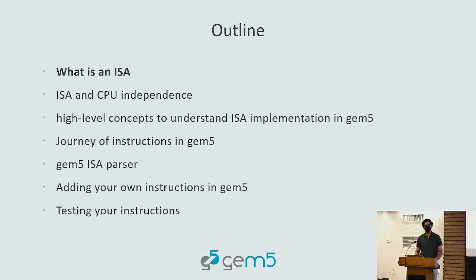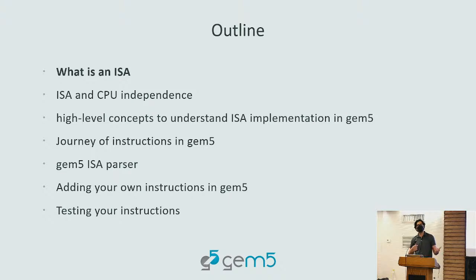Okay, so that brings me to the outline of what we're going to discuss today. We'll start with the basics of what an instruction set architecture is, how the instruction set architectures and the CPUs implemented in gem5 interact with each other, and some of the other high-level concepts you need to understand before you start understanding how instructions are really implemented.